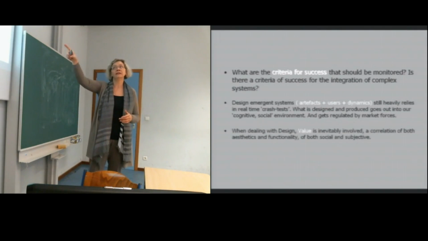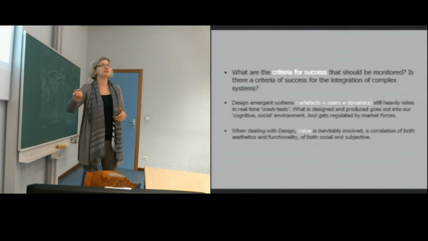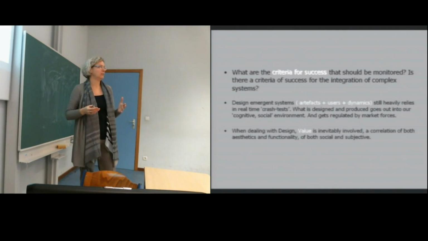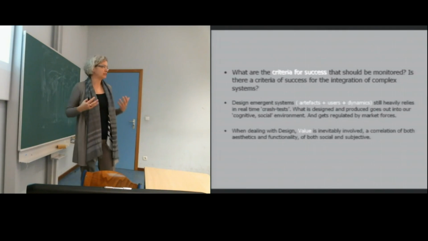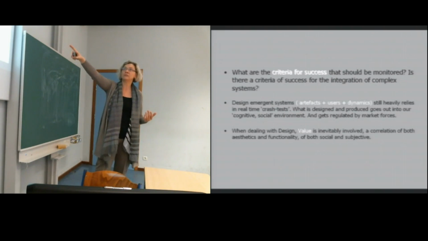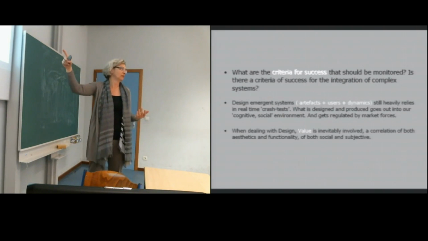And the second one: the moment we go out from strong, pure science that proposes a very objective, detached, universal kind of perspective, we find we absolutely need to deal with value.